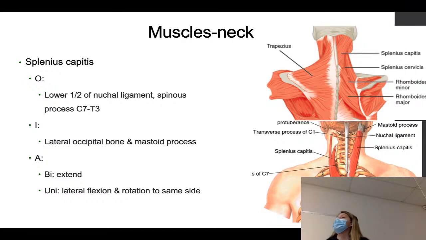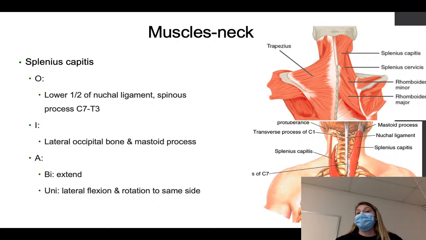Next, splenius capitis. Capitis is referring to your head, so anytime you see the word capitis, you're going to know it's the head. The origin is going to be one of the ligaments, actually called your nuchal ligament. Your nuchal ligament is only in the cervical spine.